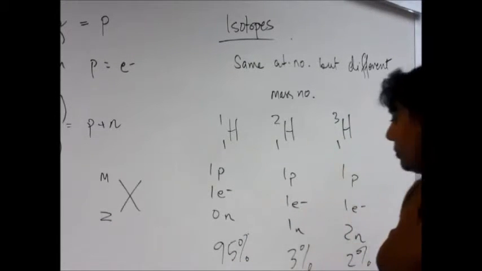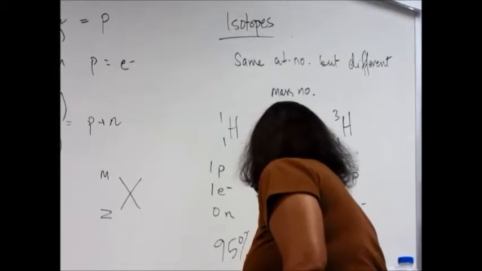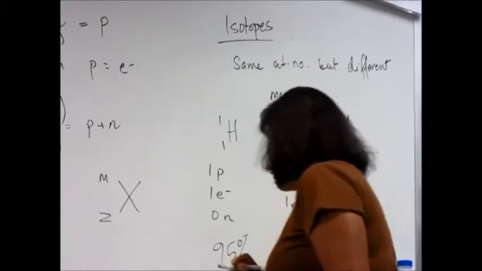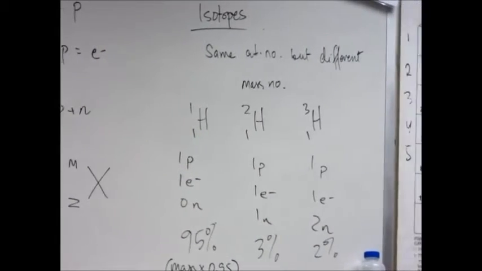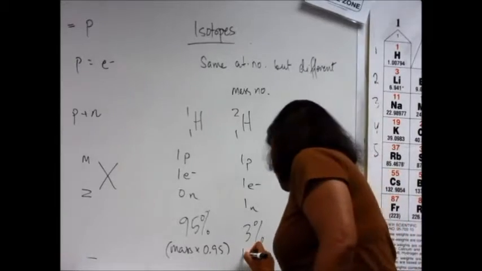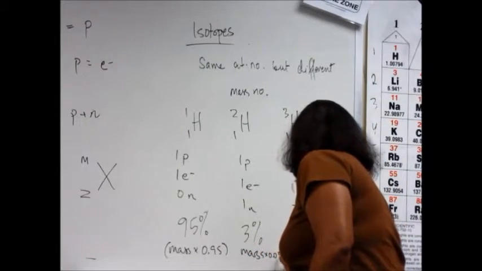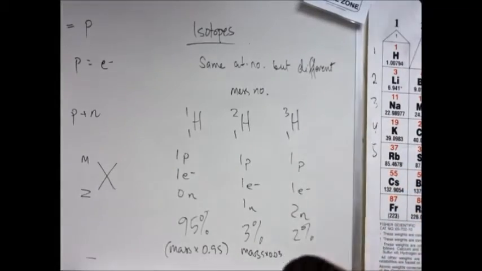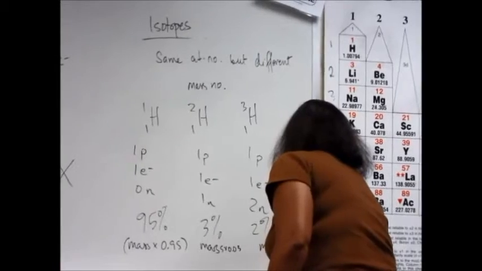What you tend to do is you take the mass and you multiply it by 0.95, which is the percent. So mass times the percent, and here mass times 0.03, and here it would be mass times 0.02.